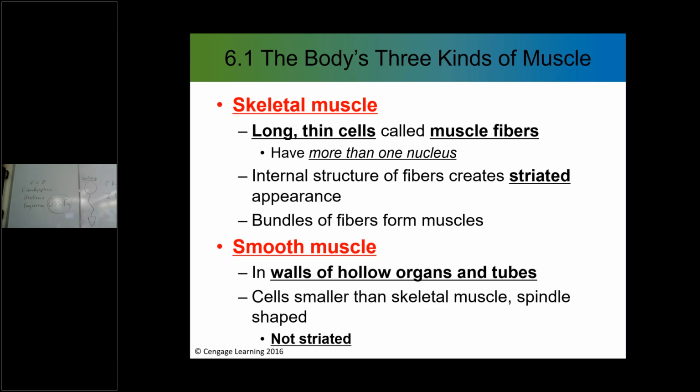Look at this model over here. We see here, left upper extremity. See this biceps brachii? Guess how long those muscle fibers are in the biceps brachii? They're from here to here. They're long muscle fibers, understood? As long as the muscle is, that's how long those muscle fibers are. Hence, it says over here on the board, skeletal muscle, long, thin cells, those muscle fibers.